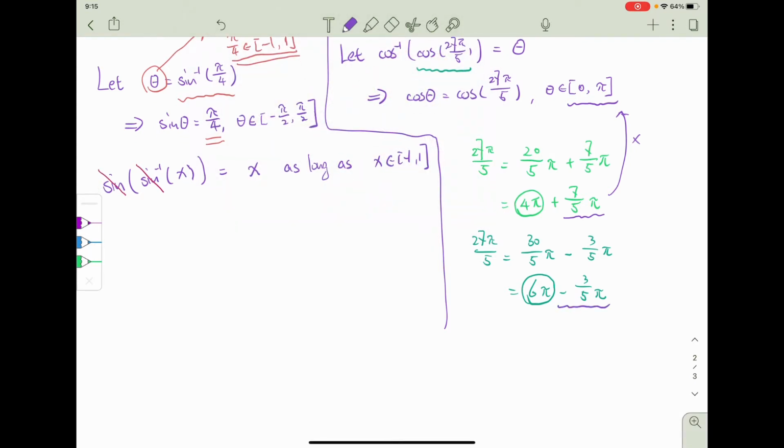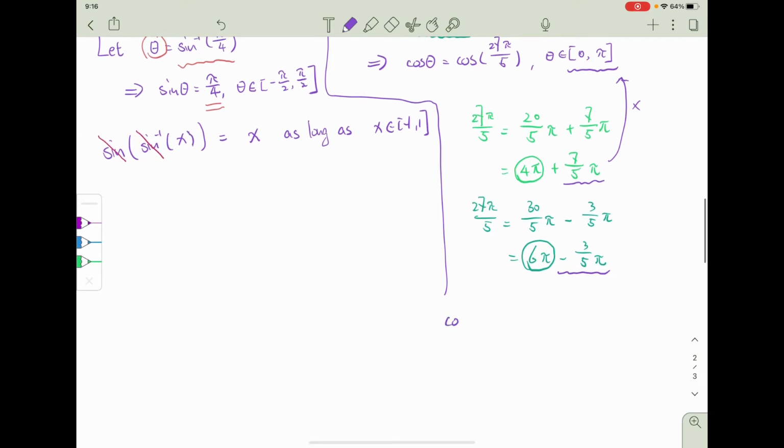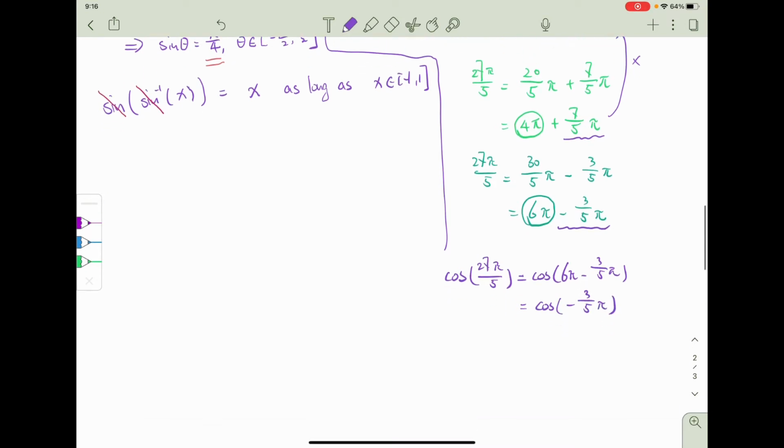You may say that it's still not in our interval, but we have some trick to turn this sign into positive, right? Because now at least this angle is small enough, so when evaluated on both sides by cos, we have cos negative 3 over 5 pi.